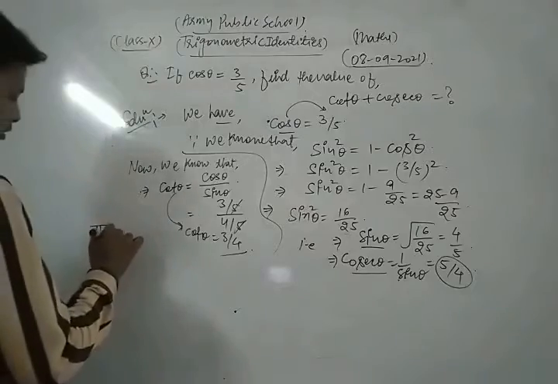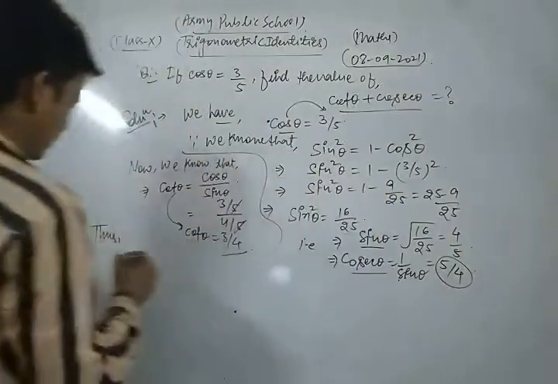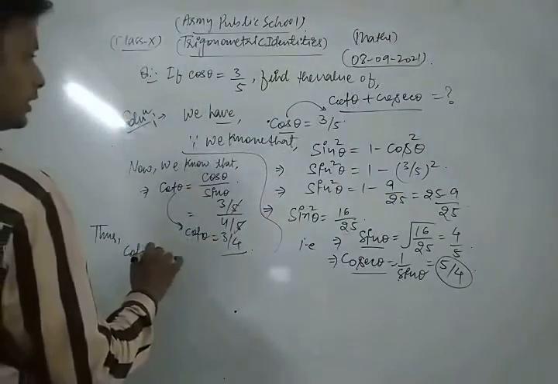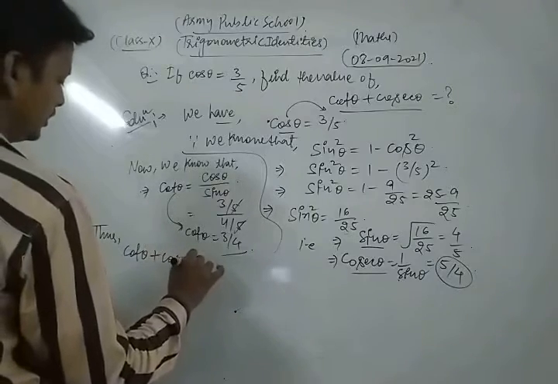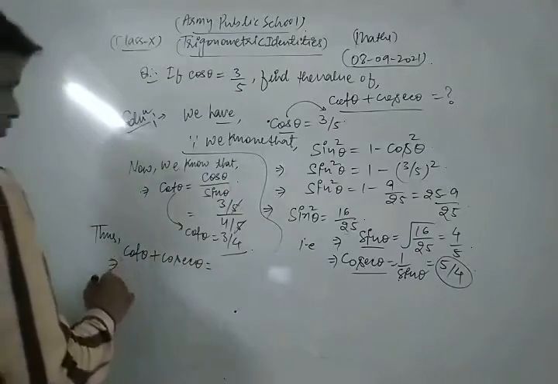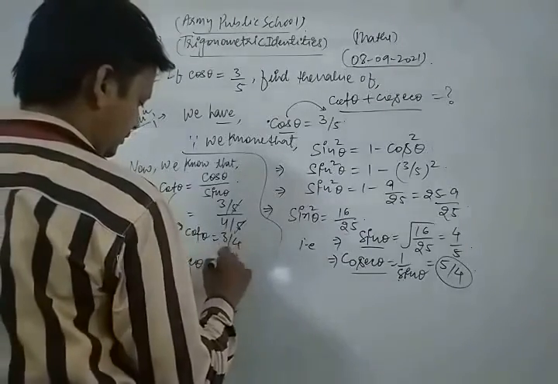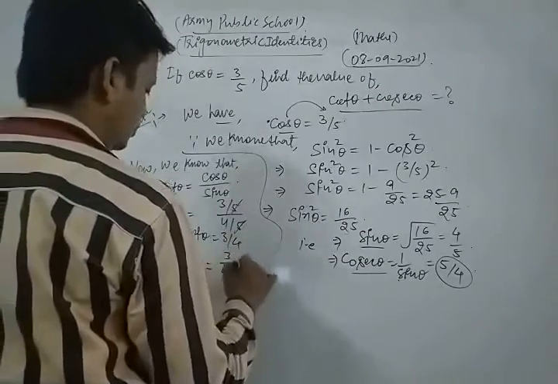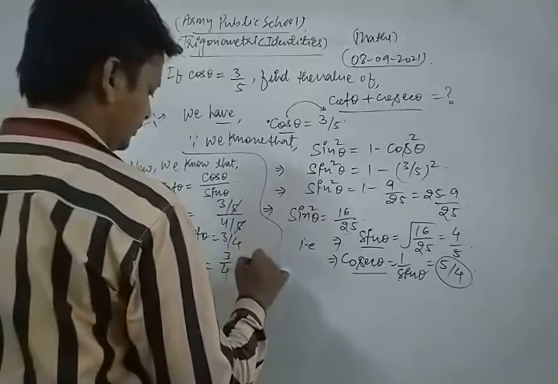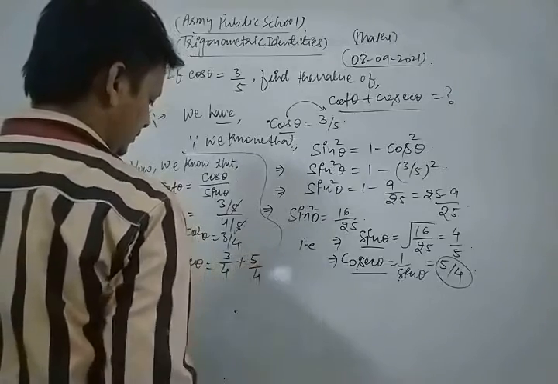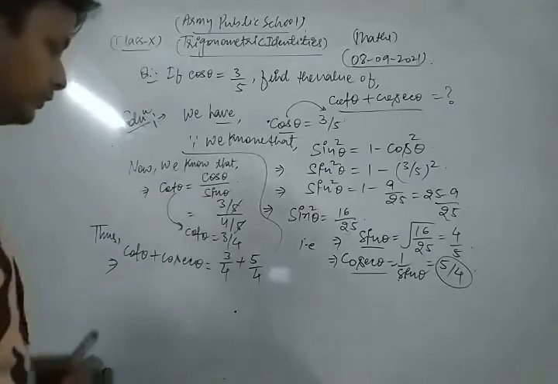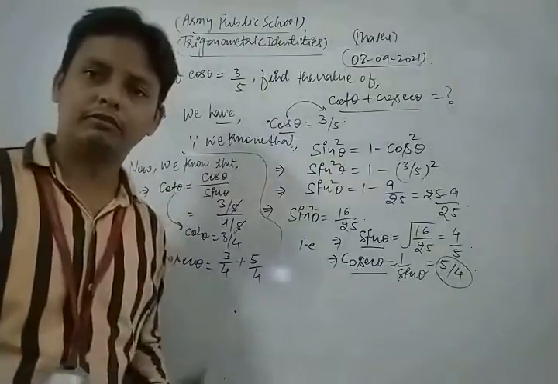Thus the value of cot theta plus cosec theta is equal to cot theta, which is 3 by 4, plus cosec theta, which is 5 upon 4.